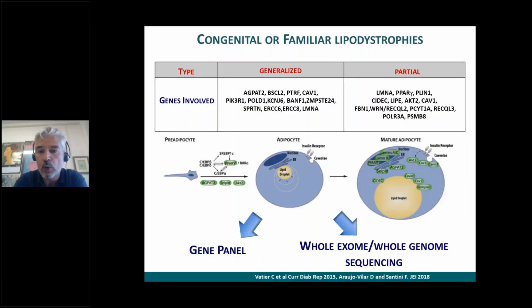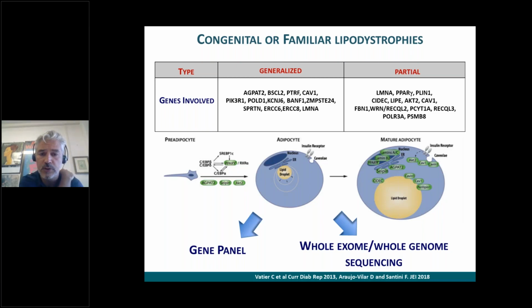We don't have time, obviously, to go in depth and in detail describing all the possible genes that are causing lipodystrophies, many of them. We can just say here that the genes causing lipodystrophy are either involved in triglyceride synthesis, as we said before, in lipid droplet formation, or in the maturation of fat tissue, for example, PPAR gamma mutations.